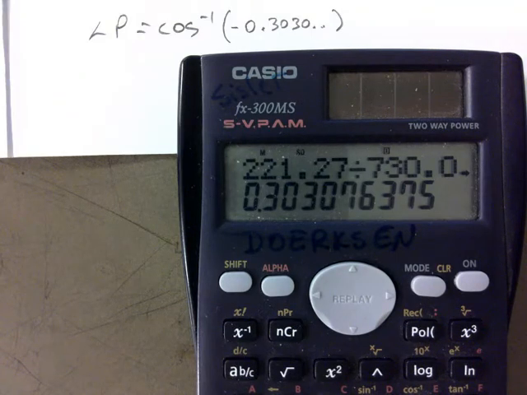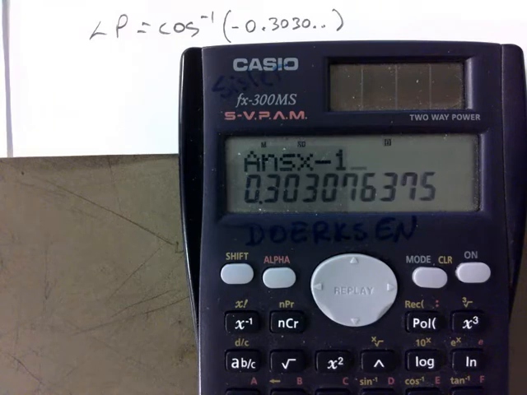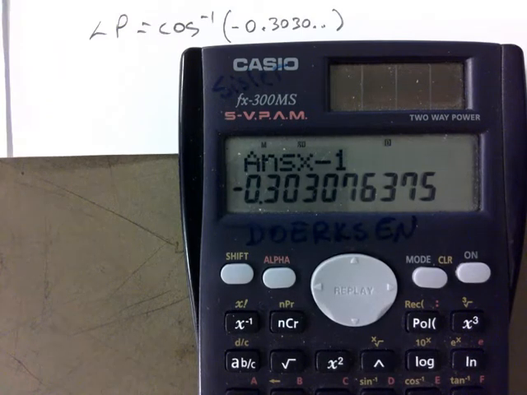So how can, it depends on your calculator. My calculator, all I do is this. I multiply my answer by -1. And then it turns into a negative. You might have a plus minus button, in which case it's easier.